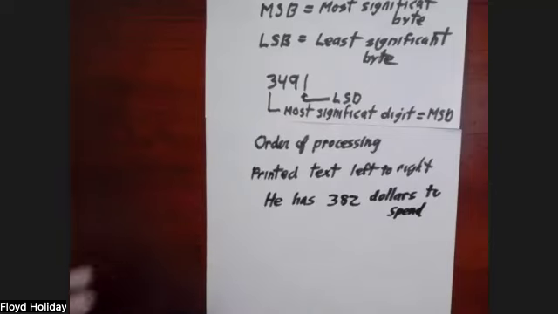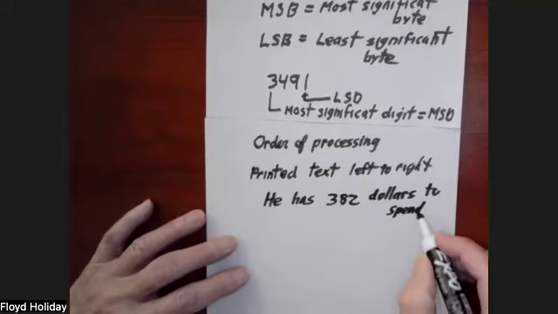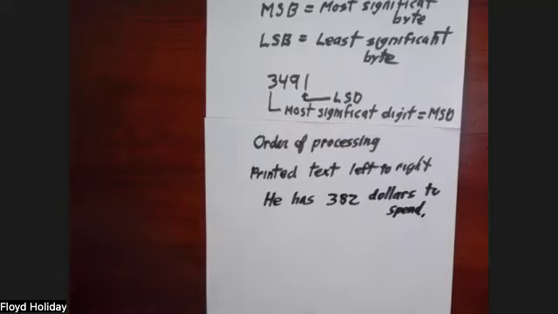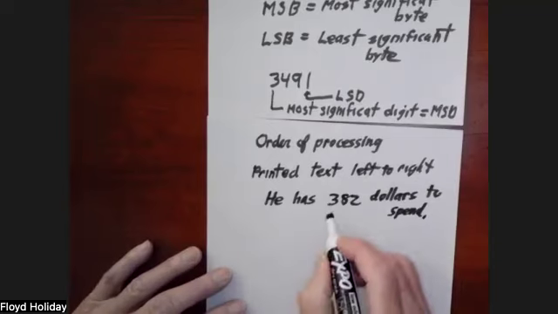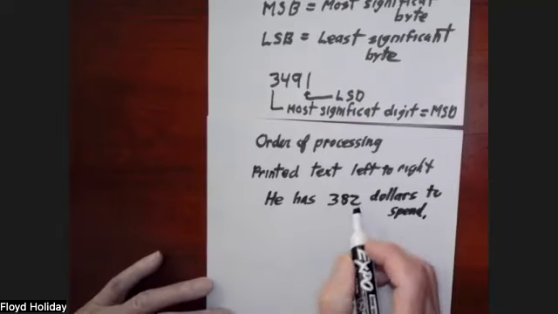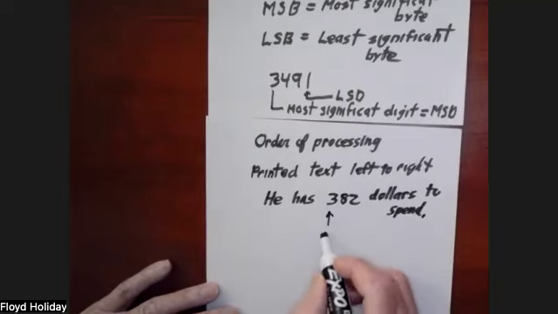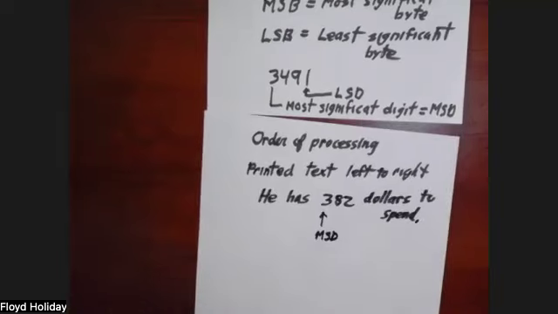Okay, so the brain sees that sentence, spend, S-P-E-N-D, and processes it, the he, the has, and then comes to this number and processes the 3 first and the 2 is last. So the most significant digit is processed first, MSD. In a moment, we have to reinterpret that to be MSB for most significant byte and LSB for least significant byte.